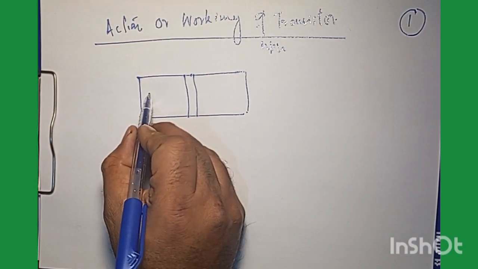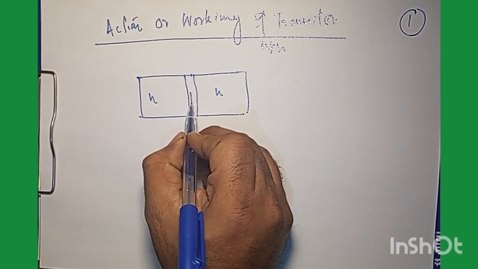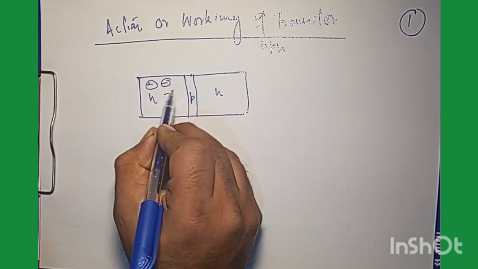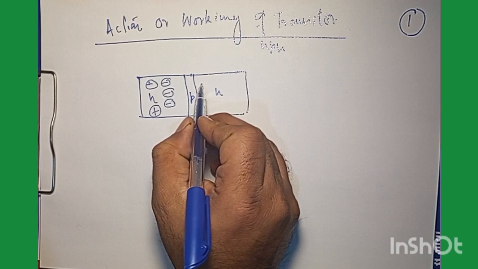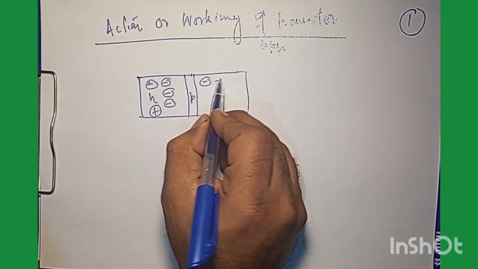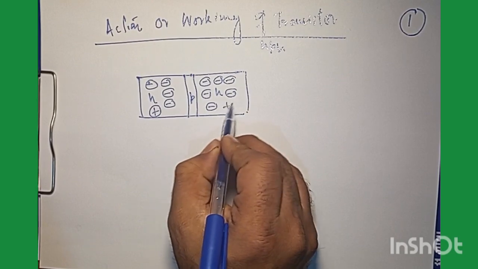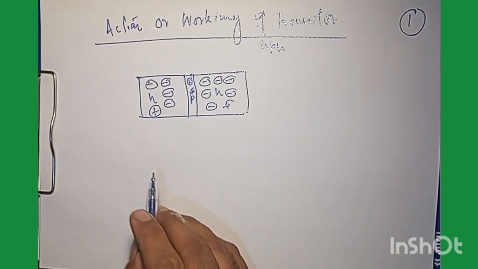So this is my N region, and this is N, and the base is P. Here we have majority electrons and minority holes, and here we have majority holes.